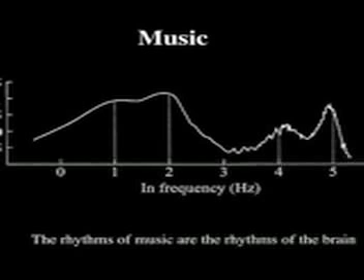So that rhythmicity in music is a reflection of the rhythmicity inside our central nervous systems. And it makes us feel good and it makes us feel happy and calm because it's reflecting what's going on inside us and we can kind of relate to it.